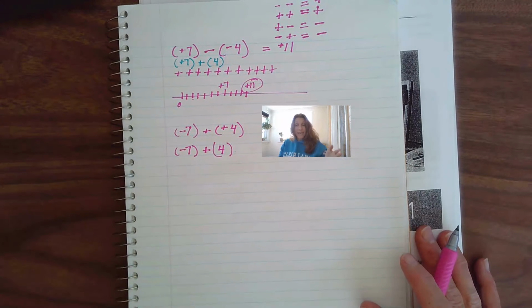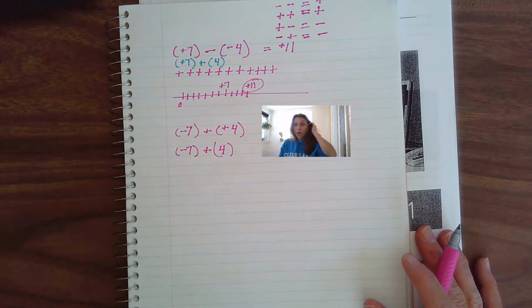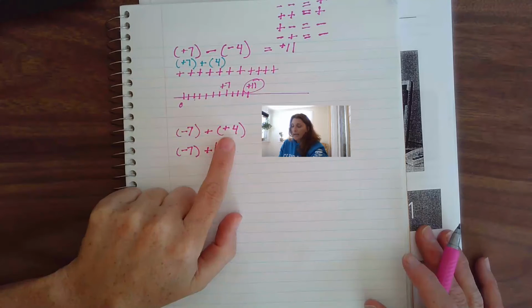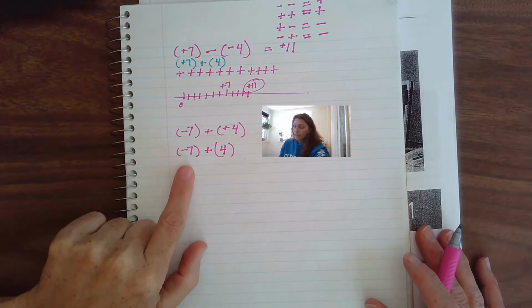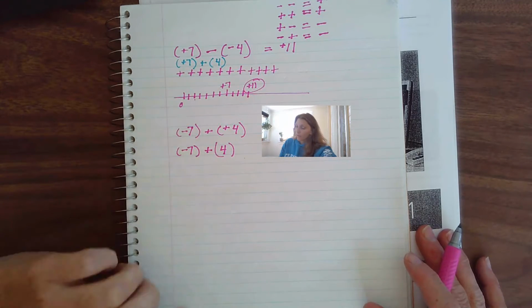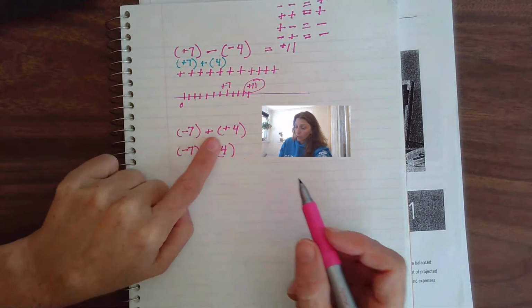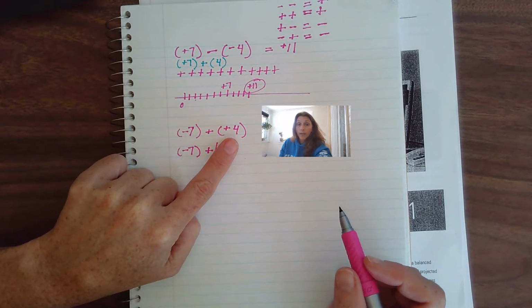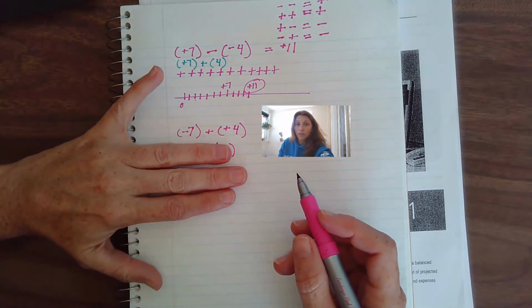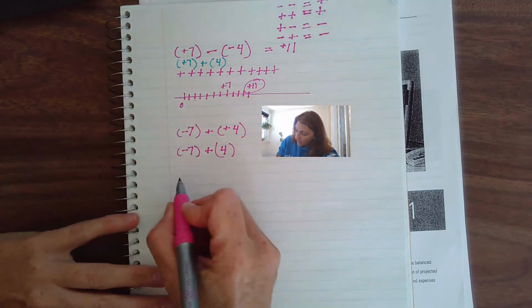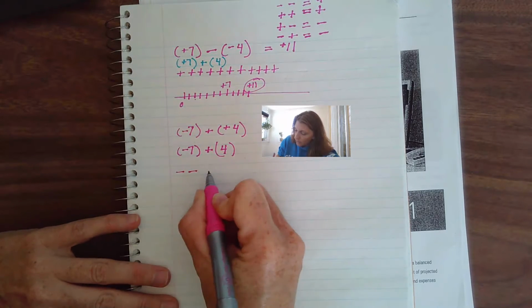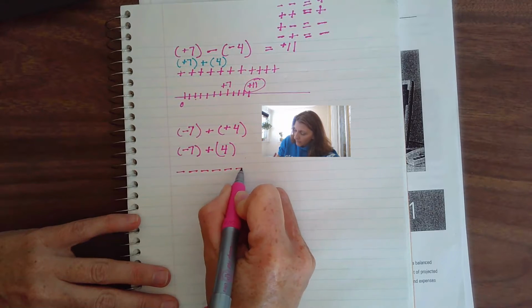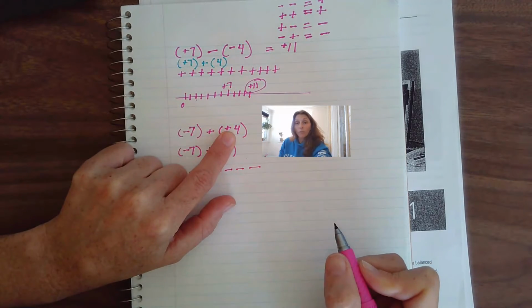Okay? So here we had negative 7. We're starting off in the negatives now. Okay? Below 0. And we're going to add 4. Negative 7 plus 4. So we can show this with a picture. Okay? Negative 7, 7 negatives, 1, 2, 3, 4, 5, 6, 7. And we're going to add 4 positives to it.